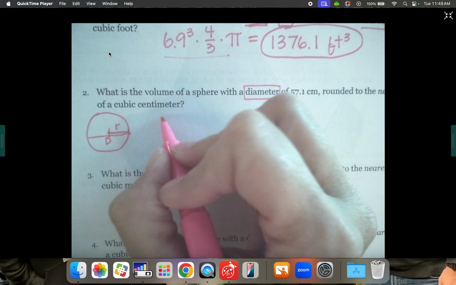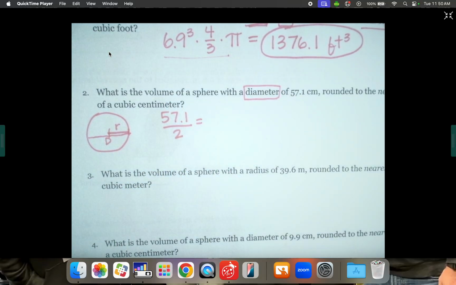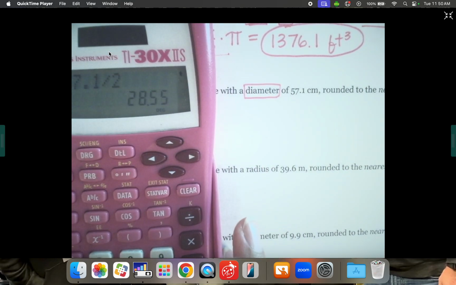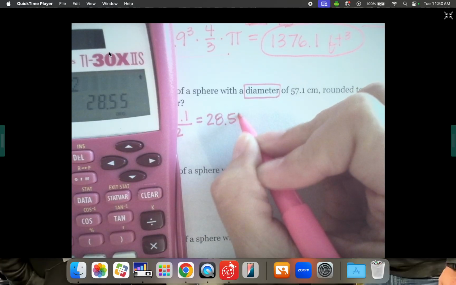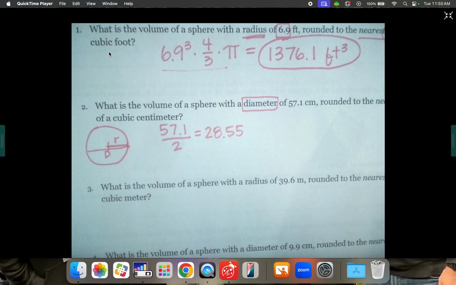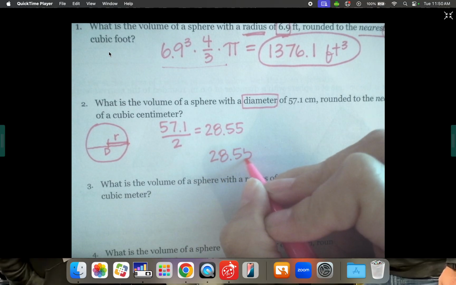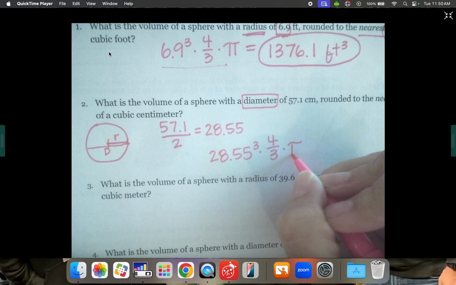You're going to first have to take 57.1 and divide it by 2 so that we can calculate the radius. So 57.1 divided by 2 is 28.55. So I'm going to really quickly just write 28.55, and that's what we need for our radius. Now we can do the rest of the work. So we're going to take the radius, which is 28.55, and we're going to cube it times 4/3 times pi.